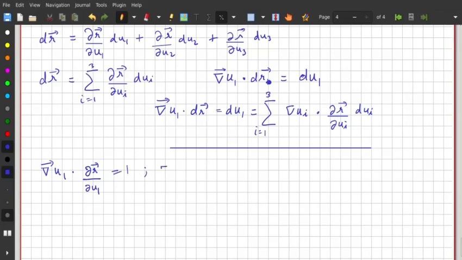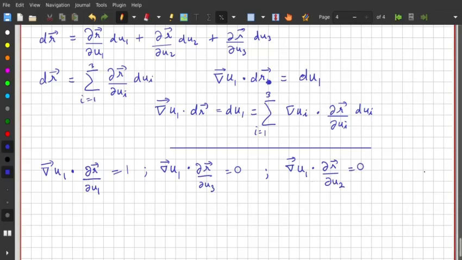Okay, on the other hand, grad u1 dot partial r partial u3 equals 0, and grad u1 dot partial r partial u2 is also 0.